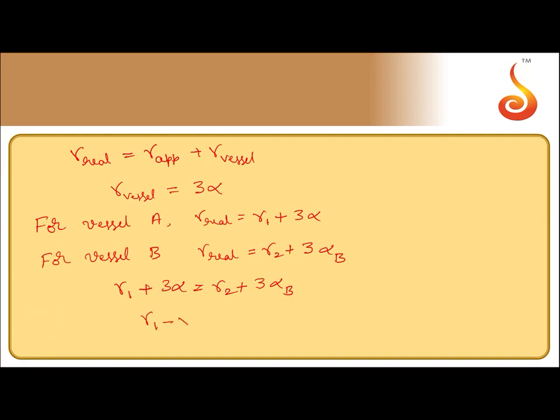Gamma 1 minus gamma 2 plus 3 alpha is equal to 3 alpha B. So, alpha B is equal to gamma 1 minus gamma 2 divided by 3 plus alpha. That is option D.